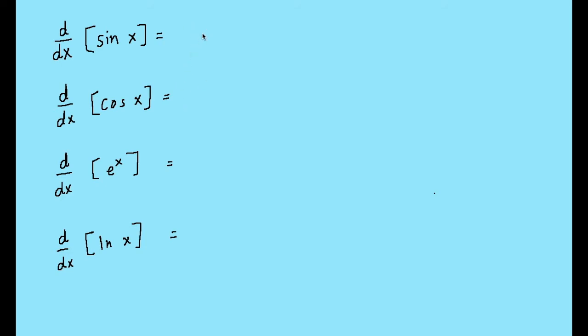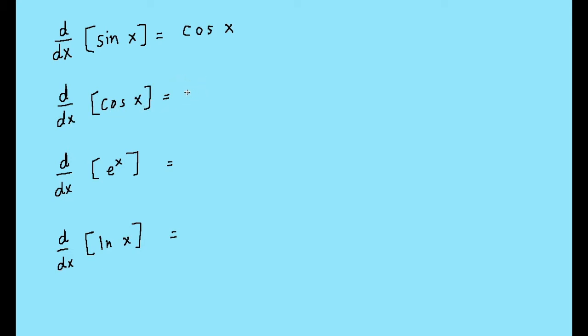The first one is the derivative of sine of x, and we write d over dx sine of x to show we want to take the derivative of sine of x. The derivative of sine of x is simple to remember. It's just cosine x. The next one is d over dx, means take the derivative of cosine x.